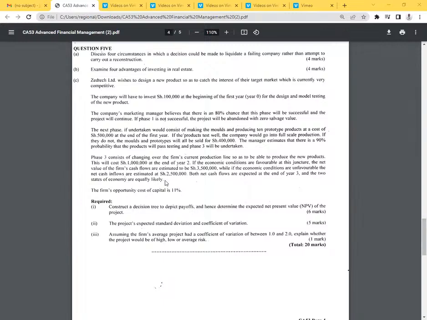The firm's opportunity cost of capital is 11%. So basically, they're giving us the COC, the cost of capital. They want us to construct a decision tree to depict payoffs and hence determine the expected net present value of the project.